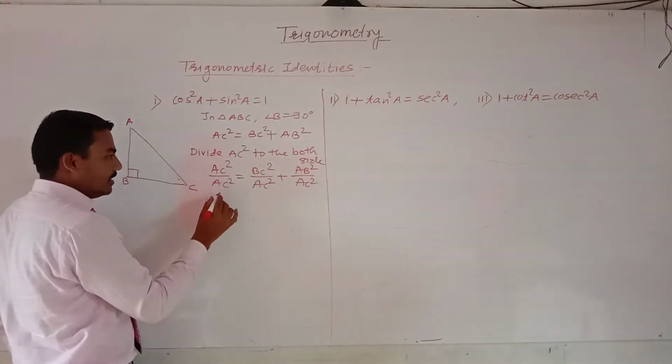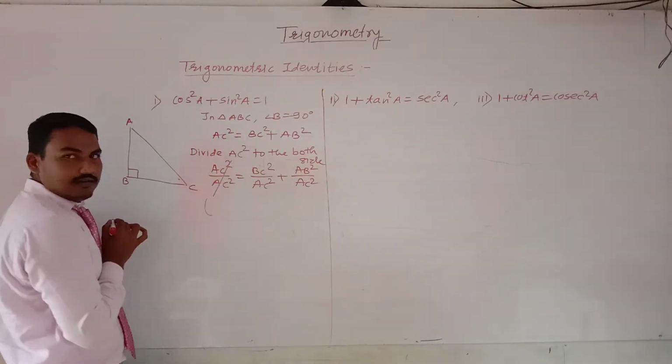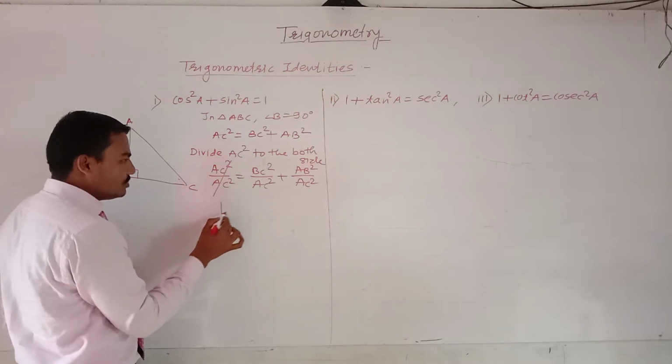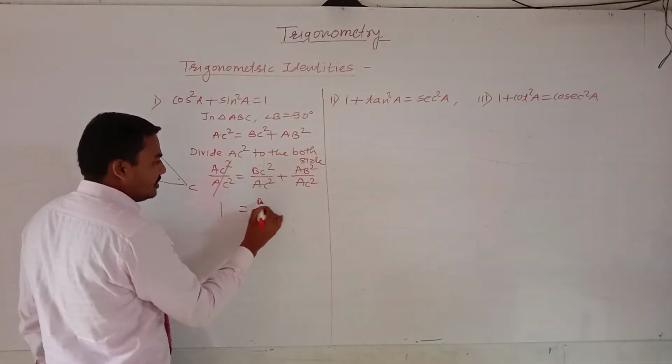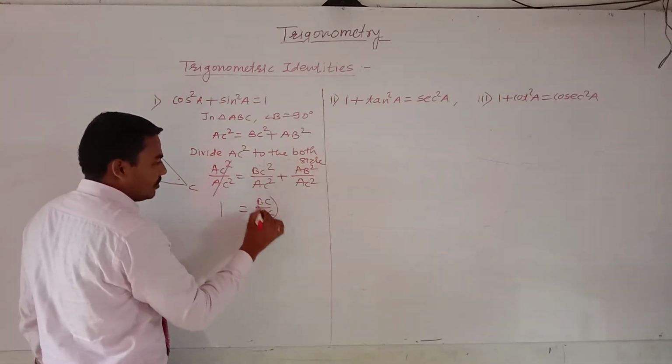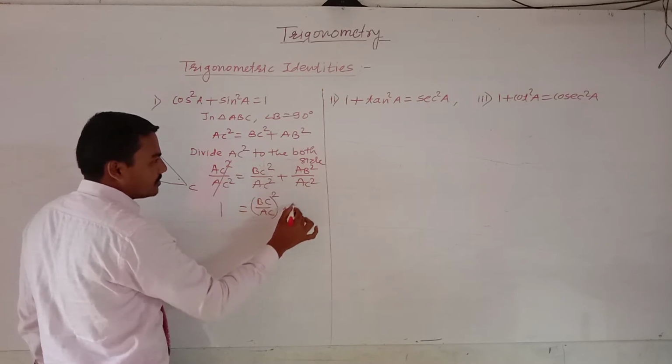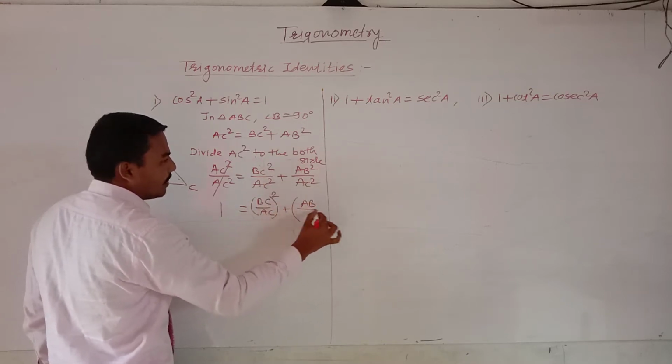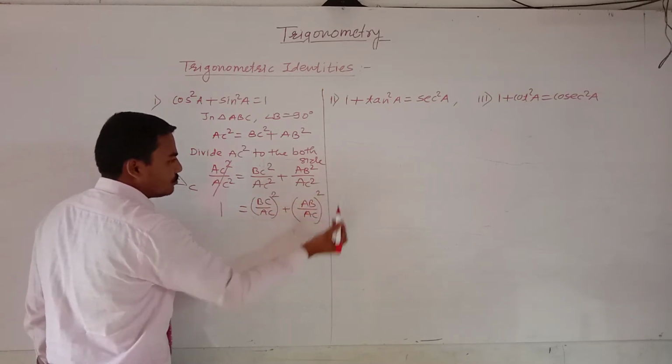Now AC square by AC square gets cancelled, which is 1. So we get BC by AC whole bracket square plus AB by AC whole bracket square.